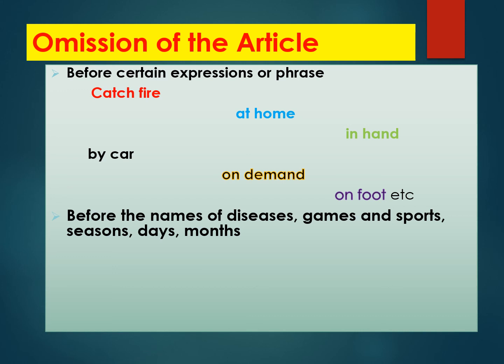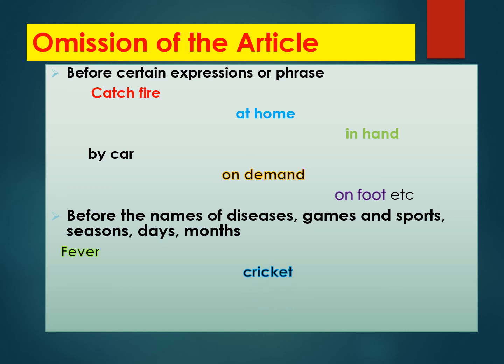So article is omitted before names of diseases, before names of games and sports, before names of seasons, days and months. Let us see the examples. Fever. Fever is a disease. So we cannot use any article before the noun fever.